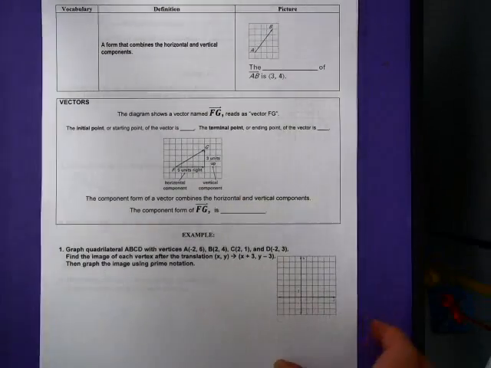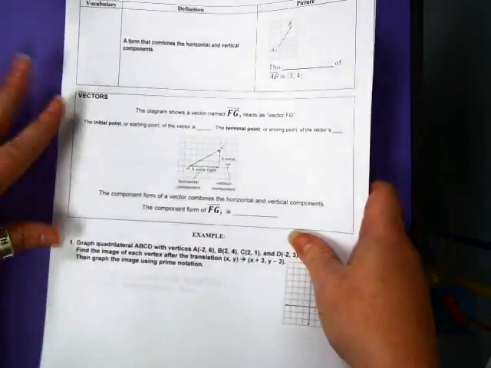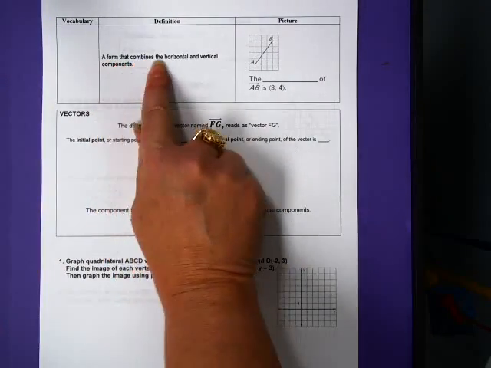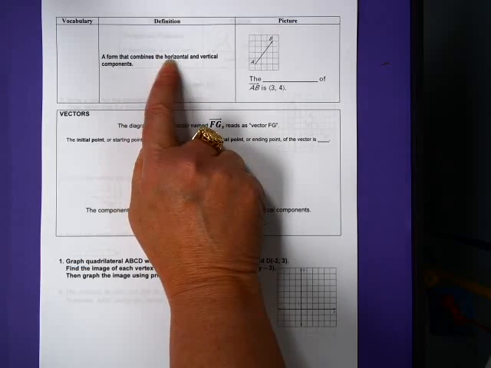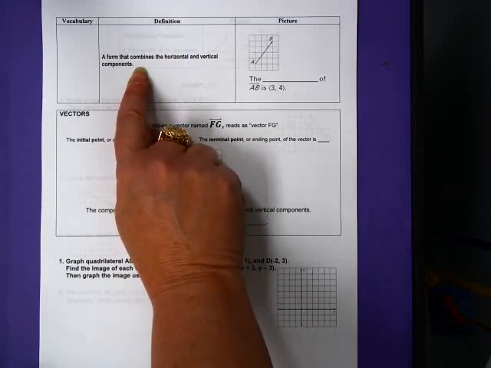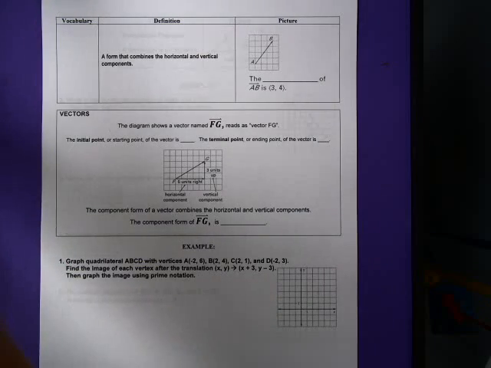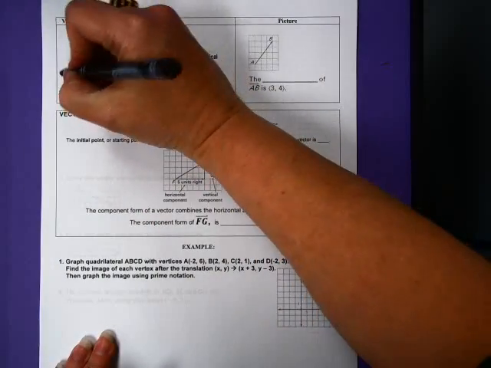Page 2, we have one more vocabulary word. It says a form that combines the horizontal and vertical components. All right, so the form that we're talking about is the component form.